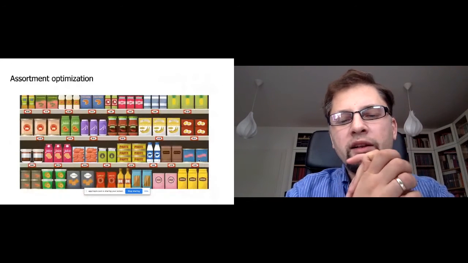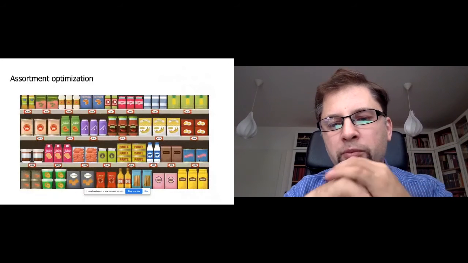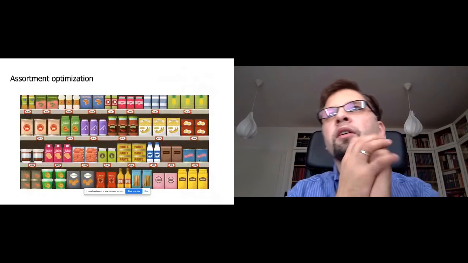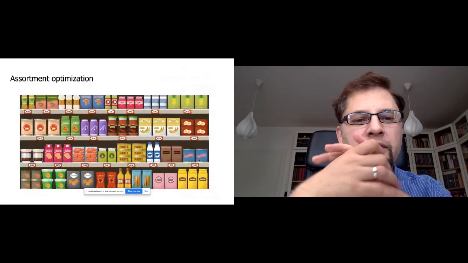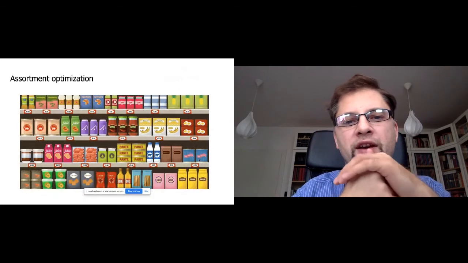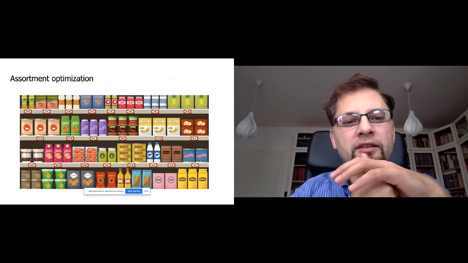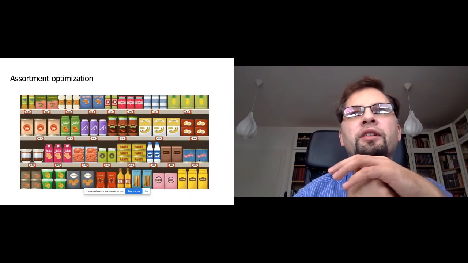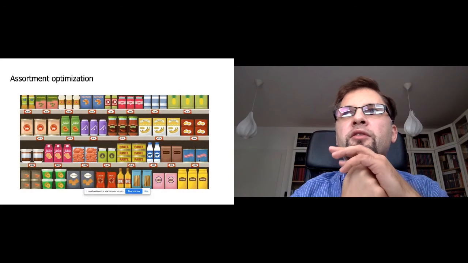What we are recently working very heavily on is assortment optimization. So providing an optimal set of products on the shelf. And it's not about putting products on the shelf like you can see here in the picture, but selecting the products which should be on the shelf in the given store on the given day, taking into account constraints.